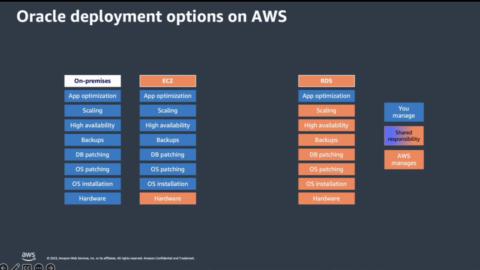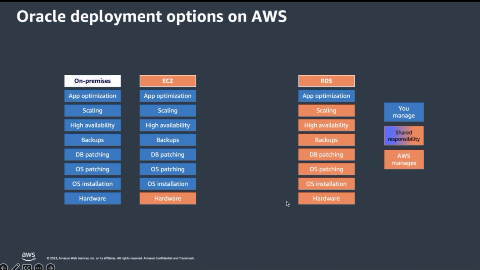All these are provided as a managed feature for you, so that you don't have to worry about the heavy lifting part of running databases, and all you have to think about is the application aspect of it. Think about tuning and optimizing your application for better efficiency and meeting your business requirements.